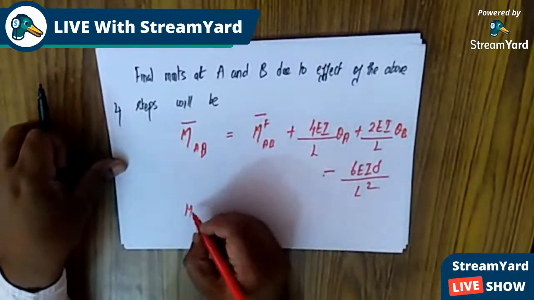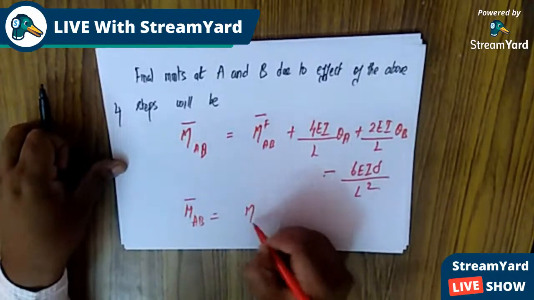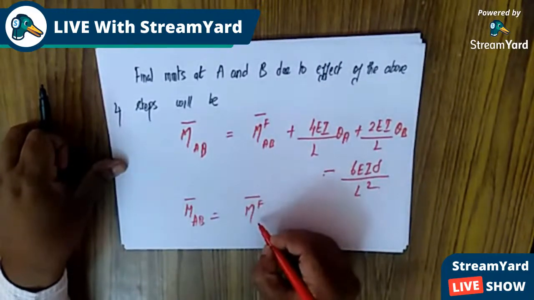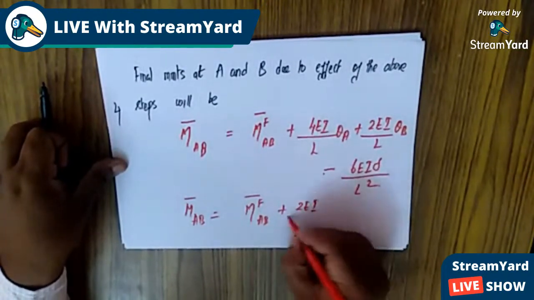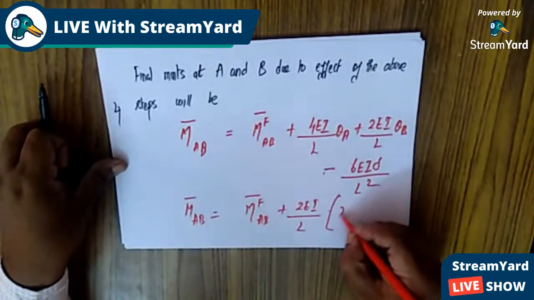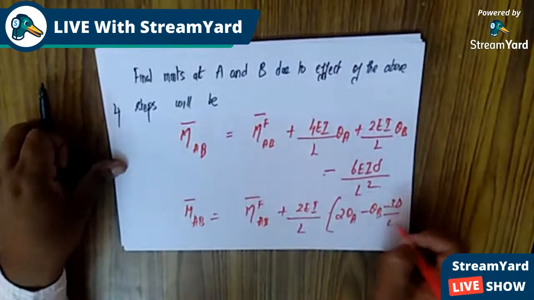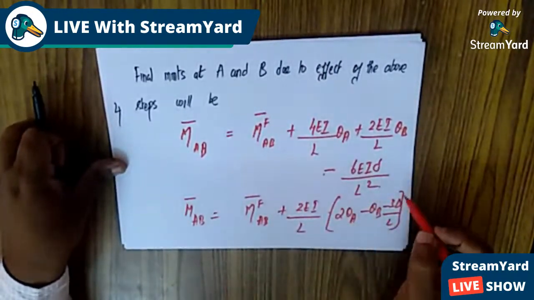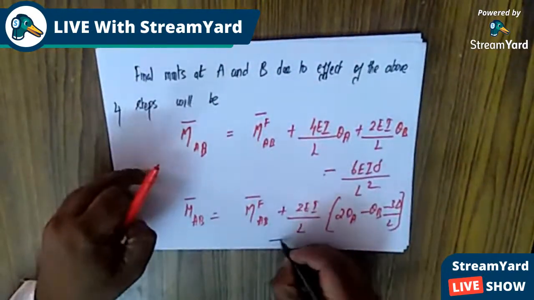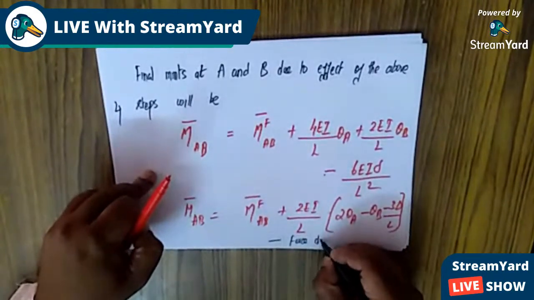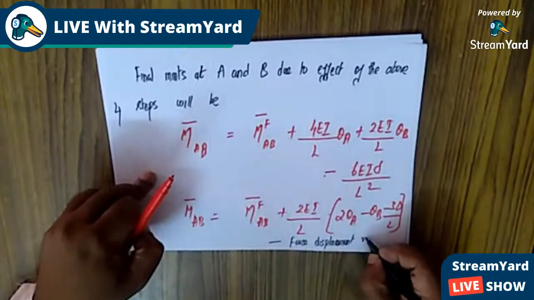If you simplify, we will get M bar AB equal to MF bar AB plus 2 EI upon L times 2 theta A plus theta B minus 3 delta upon L. So this is the slope deflection equation at the end A for the span AB, and this is the force displacement relation.